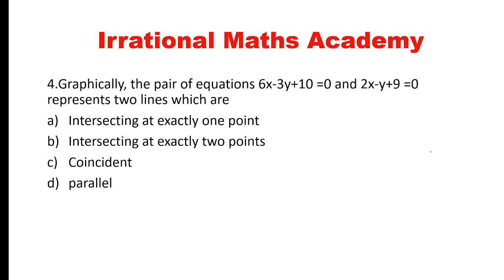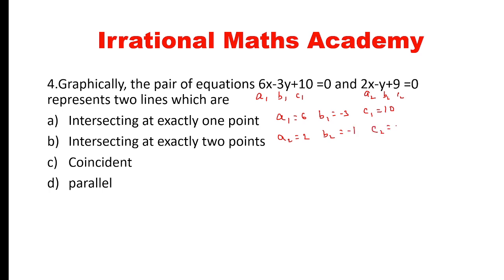Graphically, the pair of equations represent two lines. Okay, fine, no problem. A1, B1, C1, A2, B2, C2. So A1 value is what? 6. B1 value is what? Minus 3. C1 value is what? 10. A2 value is what? 2. B2 value is what? Minus 1.